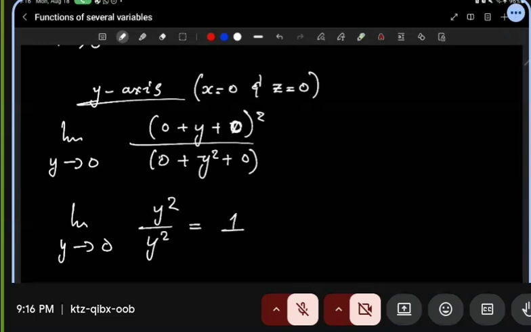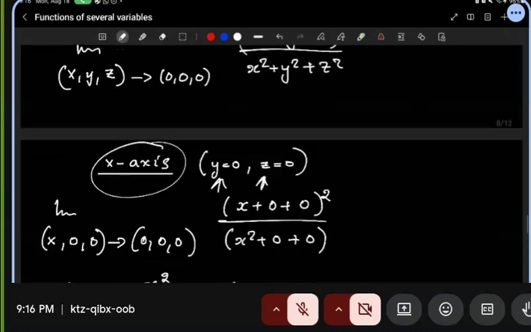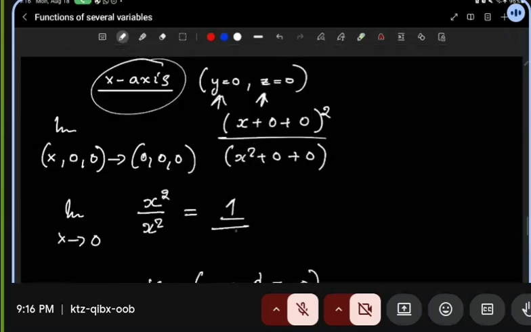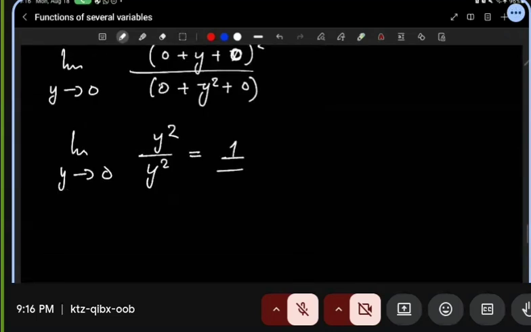So you approached along the X-axis, you got the limit as 1. You approached along the Y-axis, you got the limit as 1. If you approach along the Z-axis, you will still see that the limit will also be 1. So you picked 3 routes, and each route gave you the limit as 1.